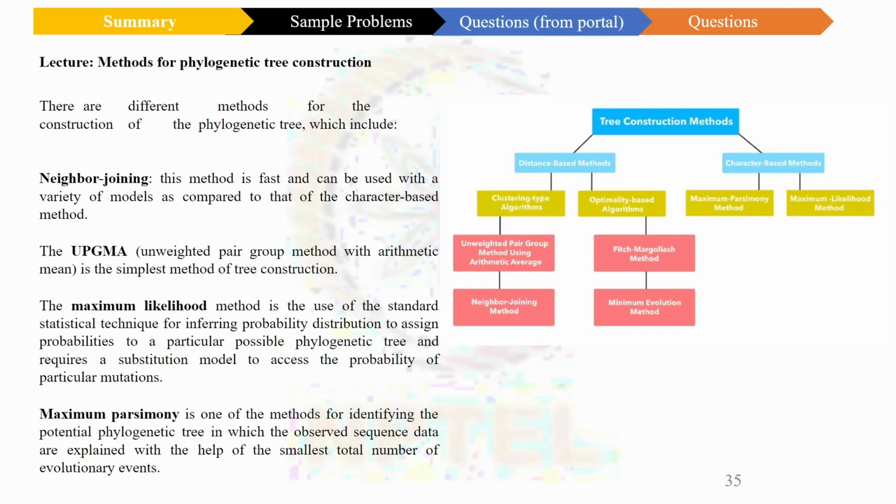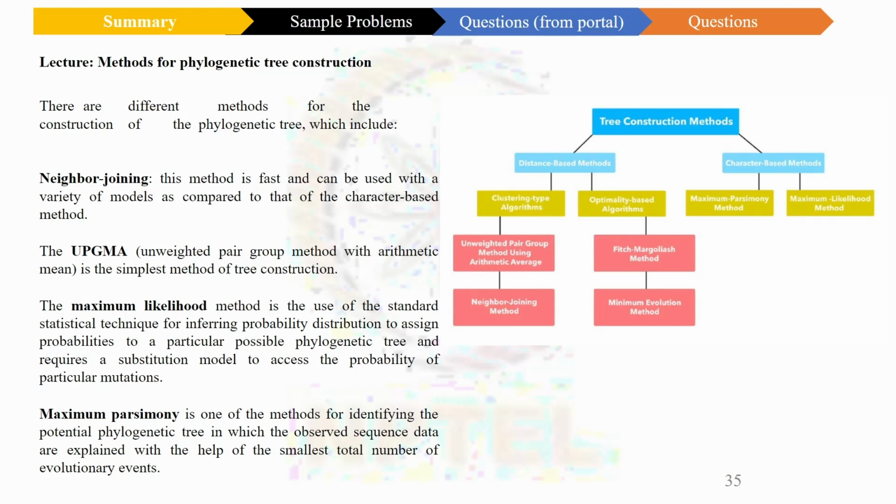Under the distance matrix, the first method we're going to deal with today is the neighbor joining method, which constructs a tree by iteratively joining the pairs of sequences that are most similar until a complete tree is formed.